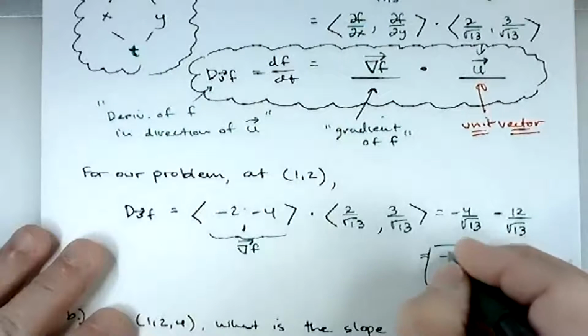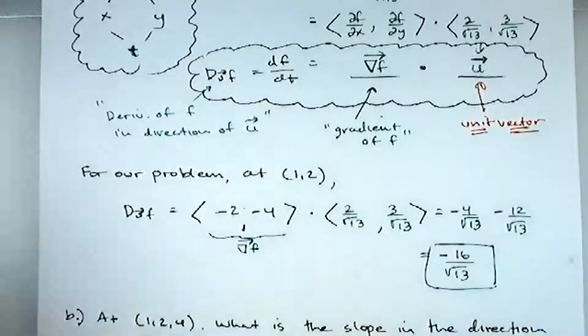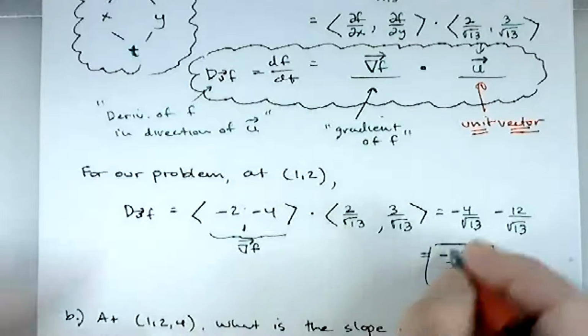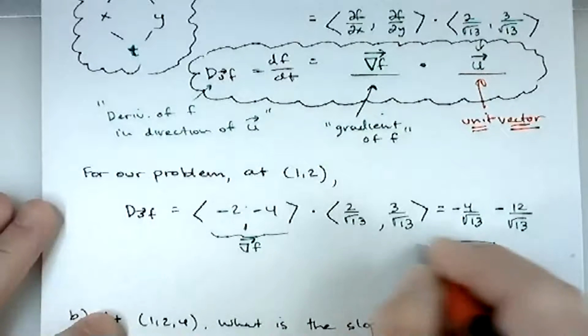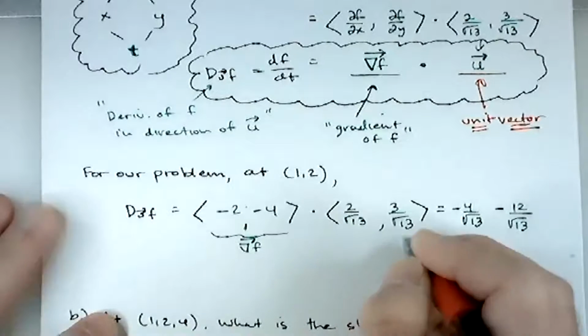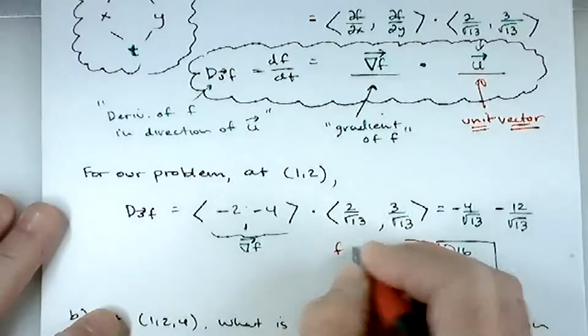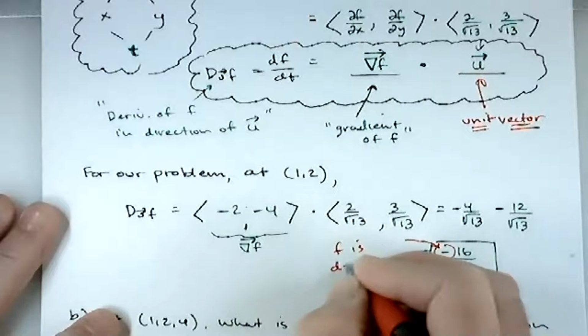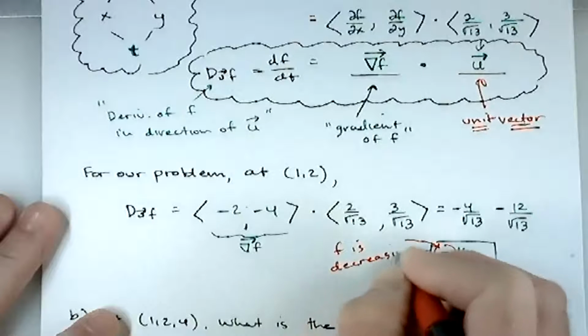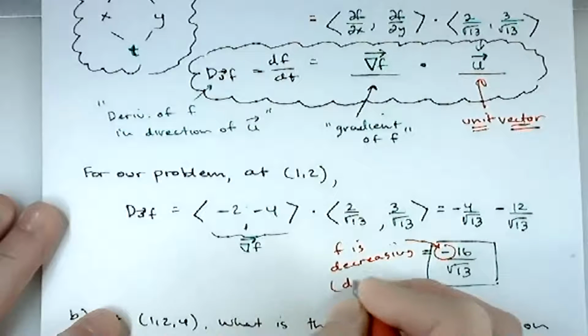So why is it negative? This negative is okay in the context here. Again, it's not always mountains and stuff, but the negative means we're going down, right? f is decreasing, or you could think of it as we're going downhill.